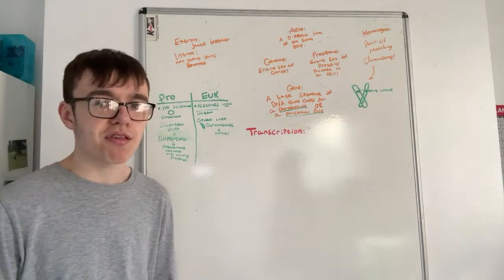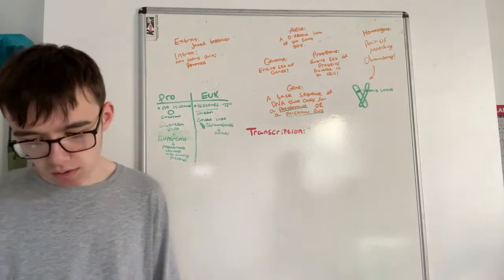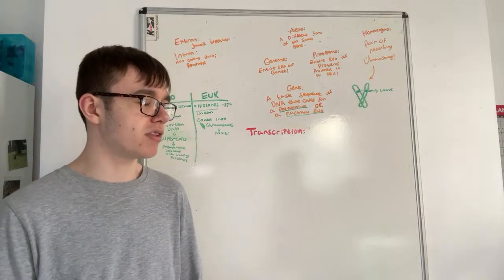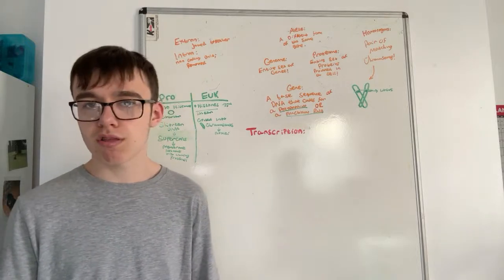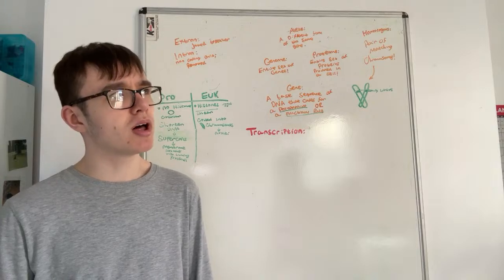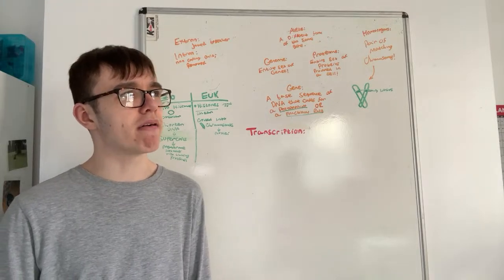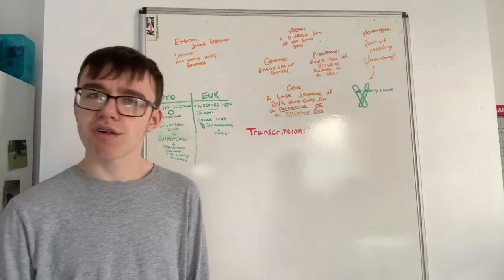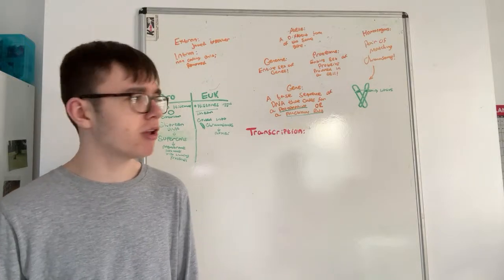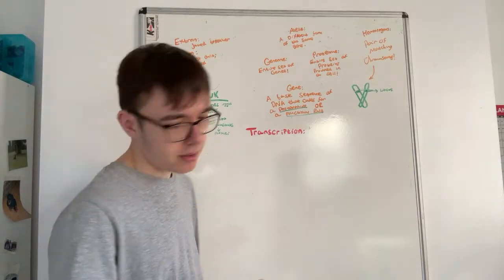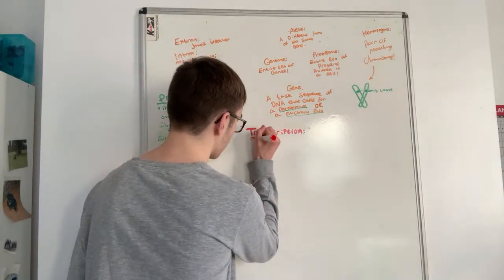So RNA is a smaller part of the DNA sequence, basically. It's a small part of DNA. It's a single helix, not a double helix. It's smaller and it has a different base. Instead of ATCG, it's AUCG.